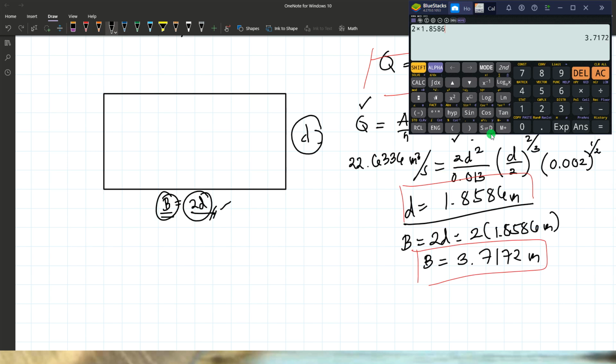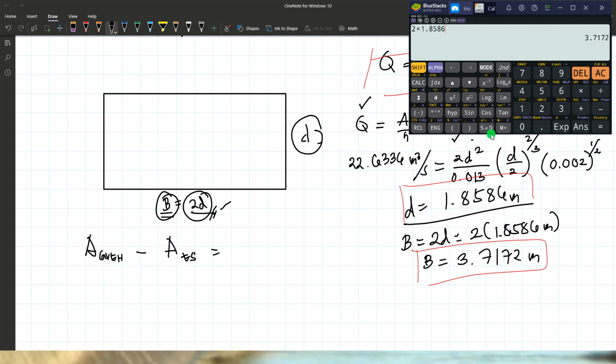So using these dimensions, B and D, we will now subtract the area of the given dimension by the area of the economical section. It means that the difference in their area will be the savings in earth excavation per unit length.